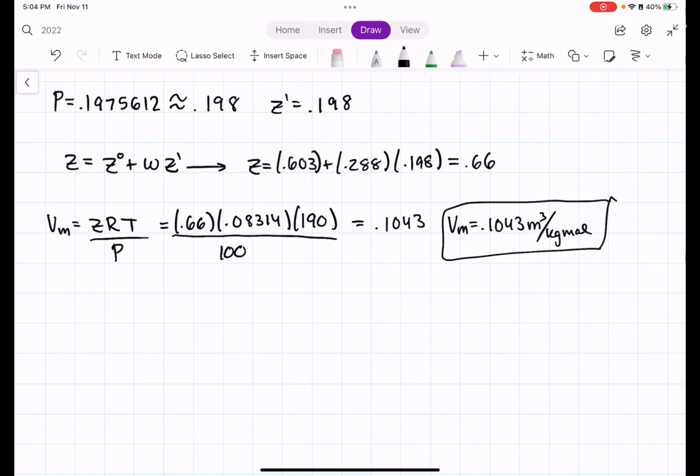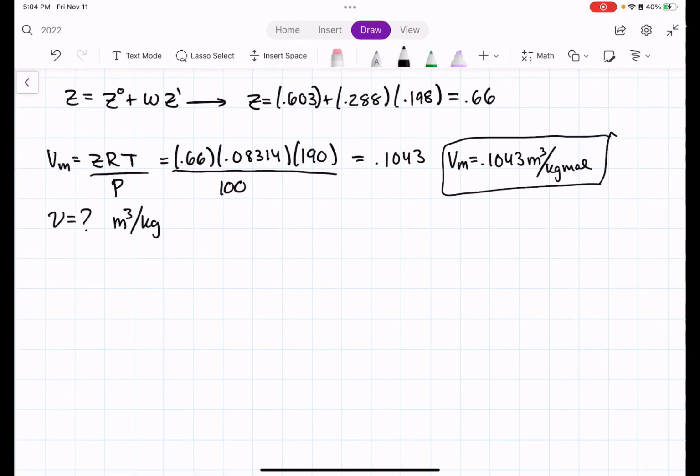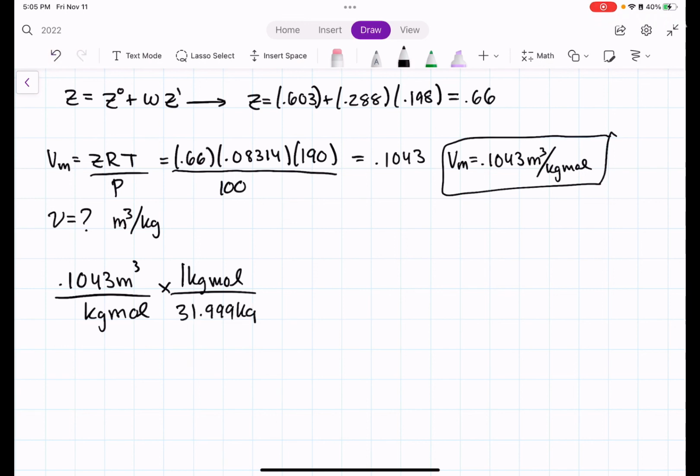To solve for specific volume, they wanted the units to be in meters cubed per kilogram, so I'm just going to do a bunch of conversions. 0.1043 meters cubed per kilogram mole. One kilogram mole of oxygen contains 31.999 kilograms of oxygen, which is the molar mass of oxygen.